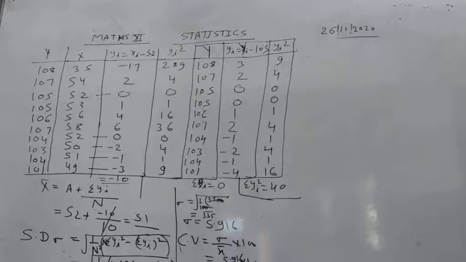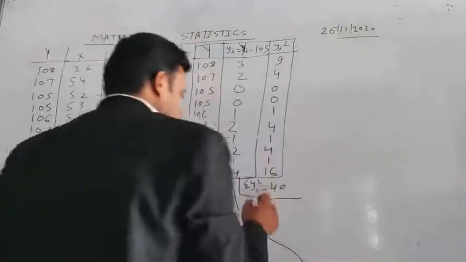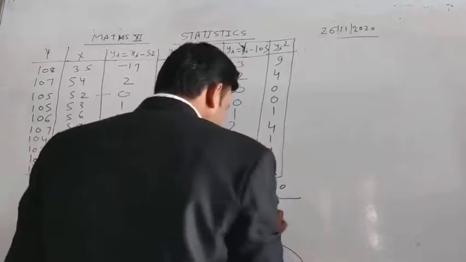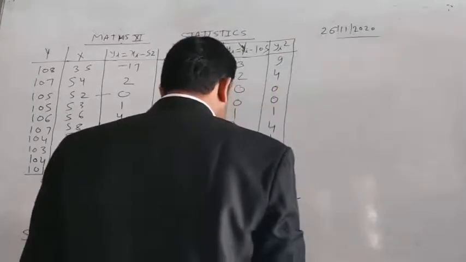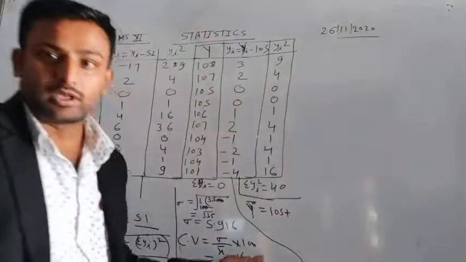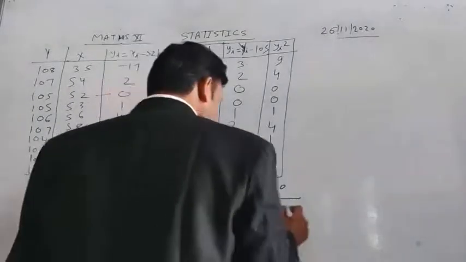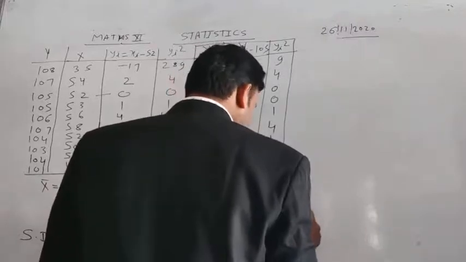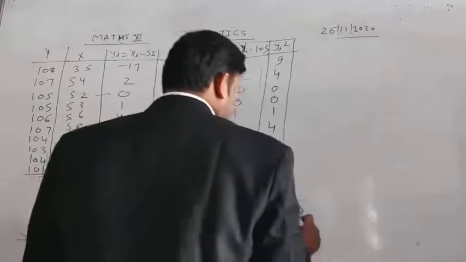Now we will find our y bar first. So y bar will be what? The mean for the second. y bar is A plus summation yi by n, which is 105 plus 0 by n, which is 10 again.